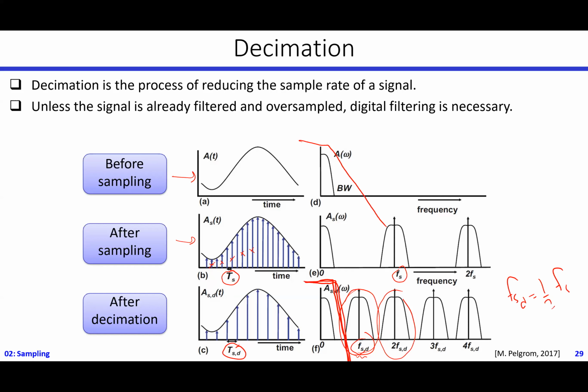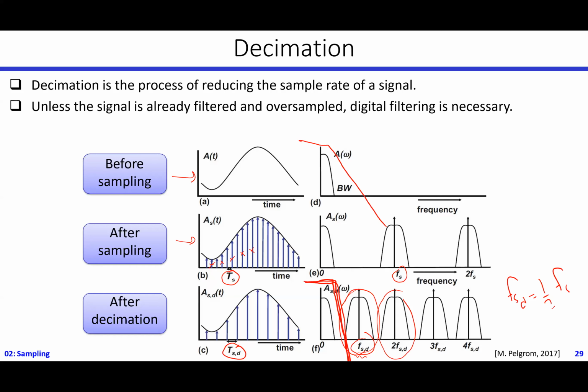So what you are going to do is sample at a higher frequency, which you don't need. You just sample at a higher frequency to make the design of your anti-aliasing filter easier. So you make your life easier.